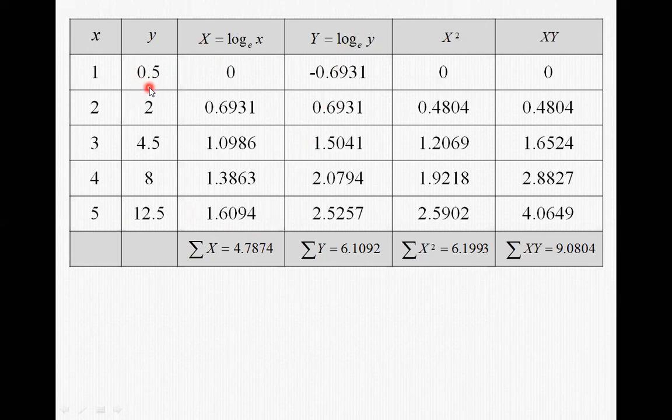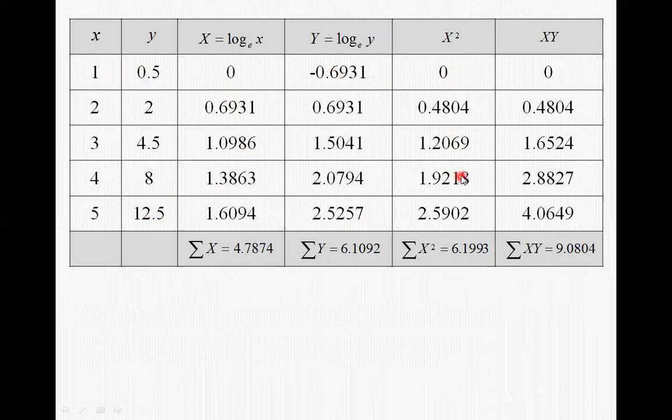Therefore, log of 0.5 equals minus 0.6931, log 2 equals 0.6931, log of 4.5 equals 1.5041, log 8 equals 2.0794, log of 12.5 equals 2.5257. Capital X square: 0, and 0.6931 whole square equals 0.4804.